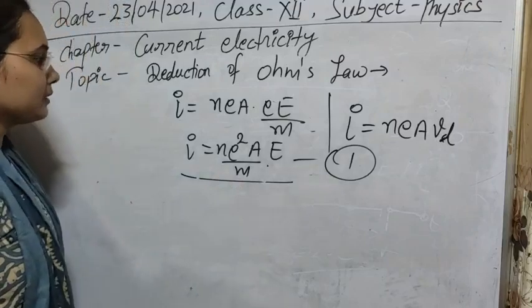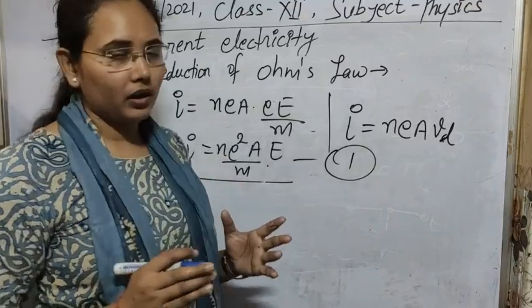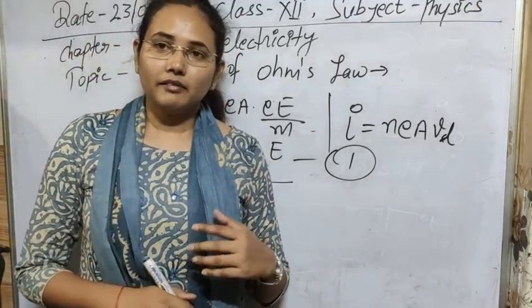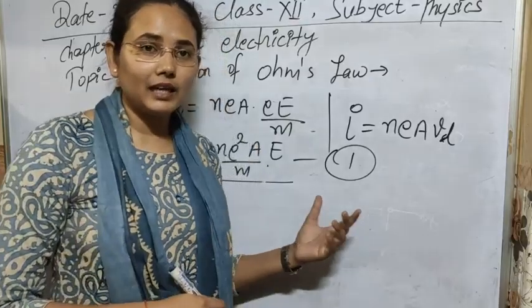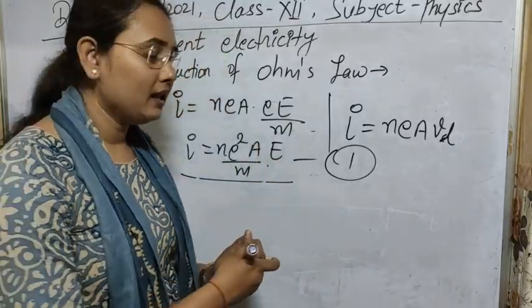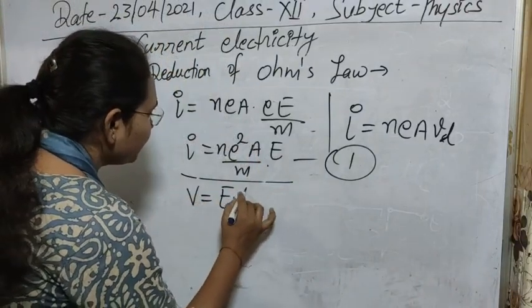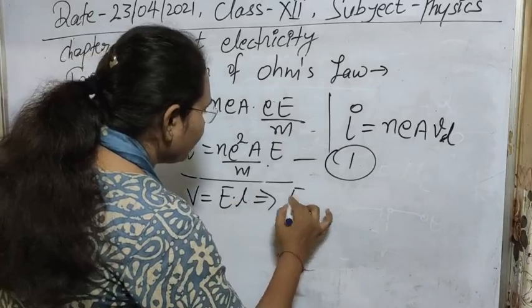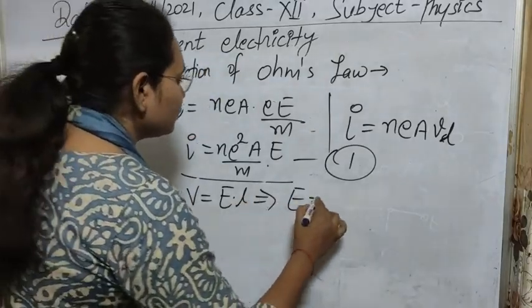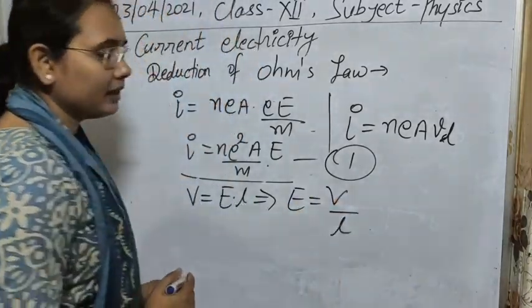Next, if we have applied electric field E over a small length l, then we can write V is equal to E into l, or we can calculate the value of E, which will obviously be V by l.